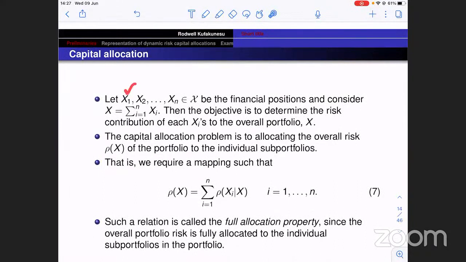So we've got X1, X2, up to Xn. These will be like departments of a portfolio. If it is a bank, we'll be considering some credit risk department, some market risk department, some operations. All these are sort of mandatory sections where capital has to be allocated.